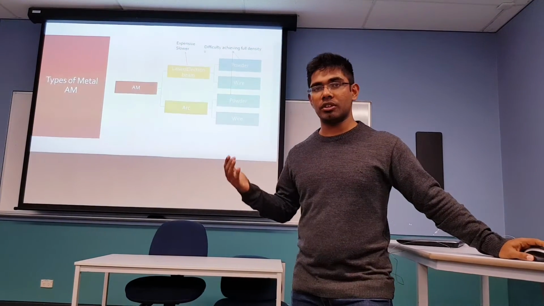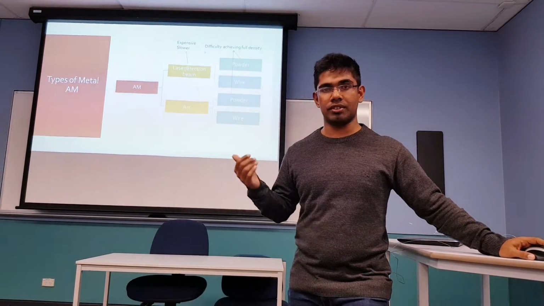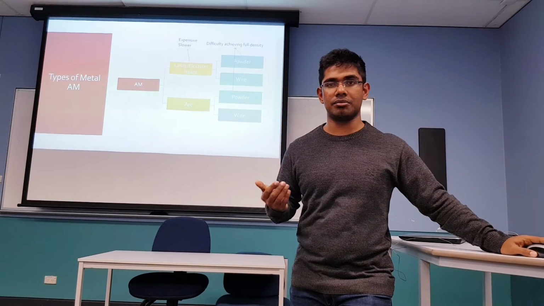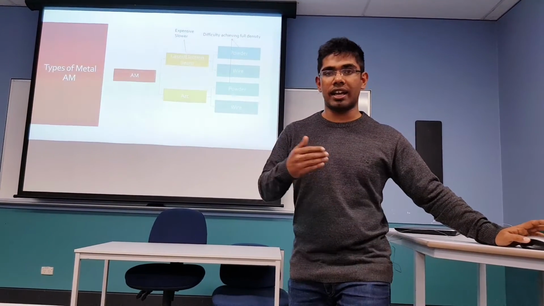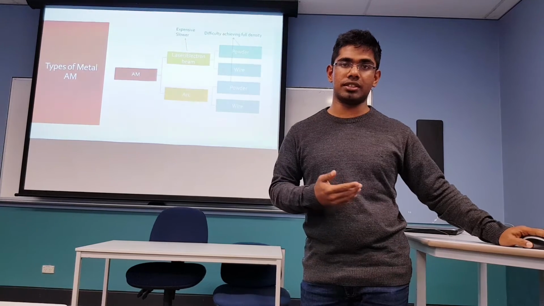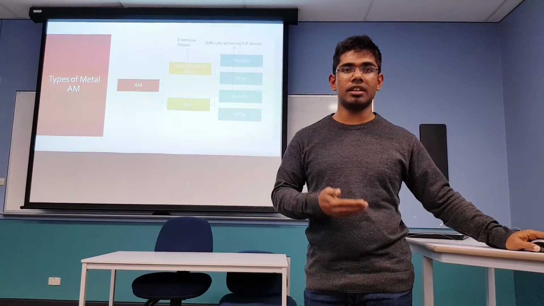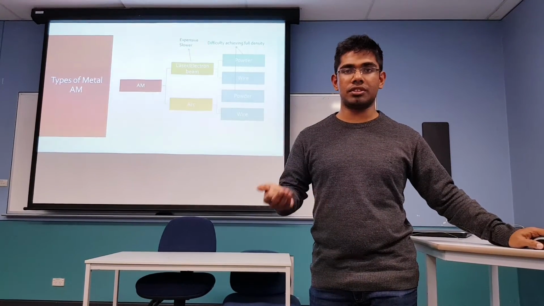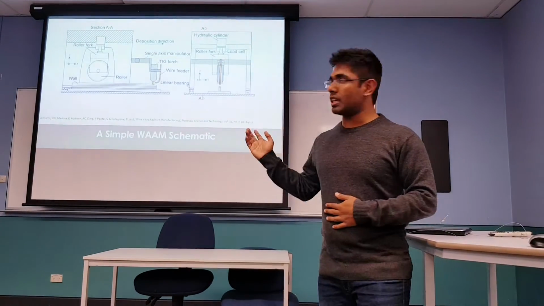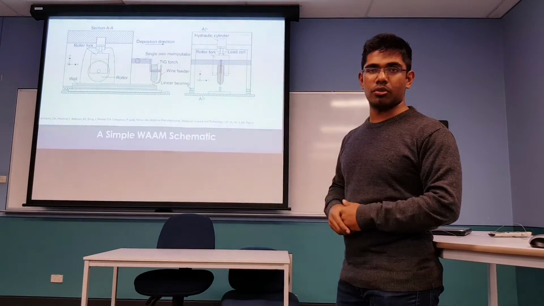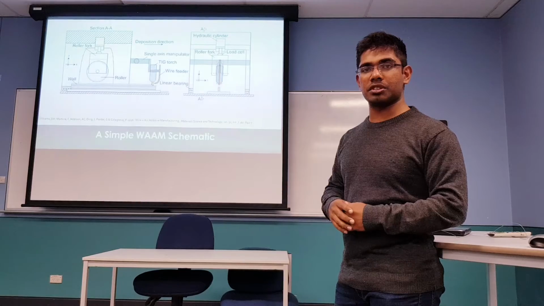However, when we look at the performance of each system, we realize that the wire and arc additive manufacturing system has several advantages over the others in terms of cost, speed, and ease of training and knowledge. So this is a simple wire and arc additive manufacturing system schematic.